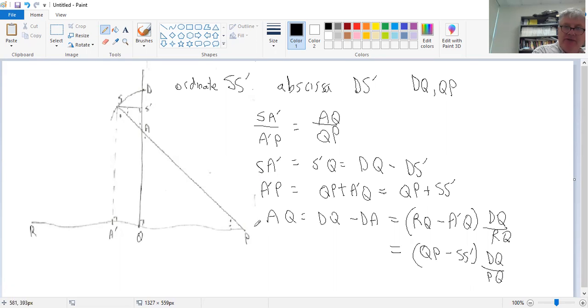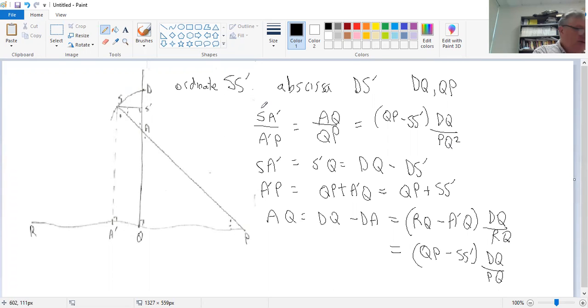Okay, and so that means that AQ over QP up here is equal to QP minus SS prime times DQ over PQ squared, because we've divided it down by another amount.